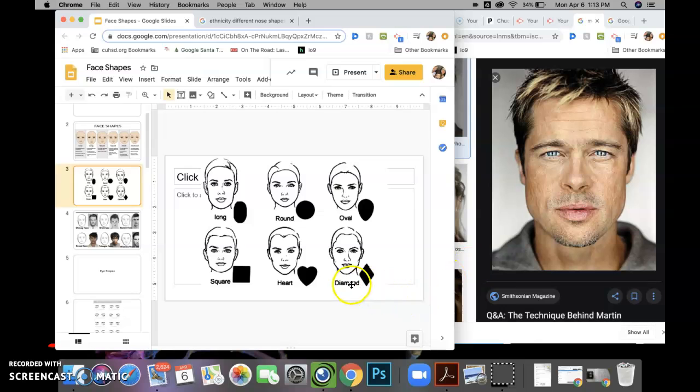So it seems as though I think the diamond face best goes with him because it has that strong jawline and a very strong pointed chin. So you can already tell his face shape just by that. And again, when we pinpoint these details, we'll be able to draw something a lot better than that really, really quick way of doing something where we make people's faces look like emojis all the time. If we can pinpoint just their face shape alone, then we'll have an easier time drawing Brad Pitt's face.